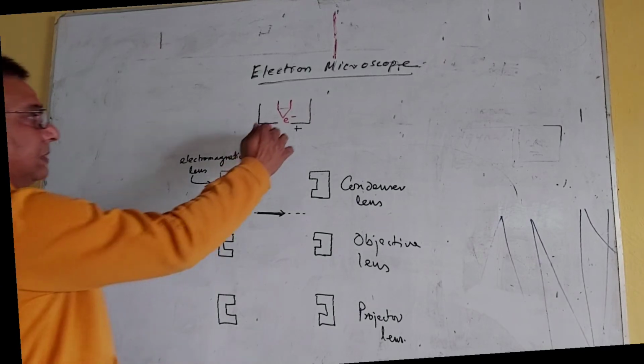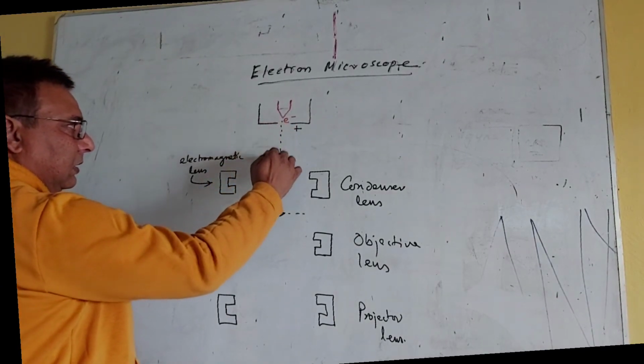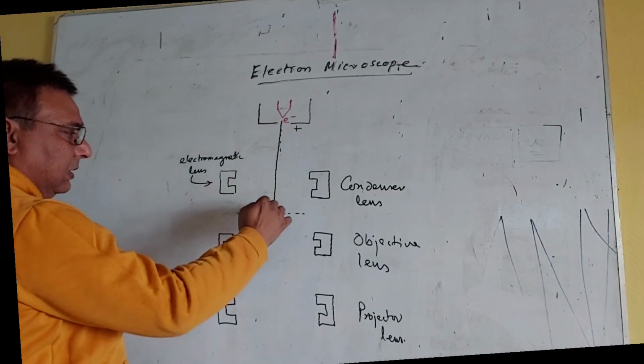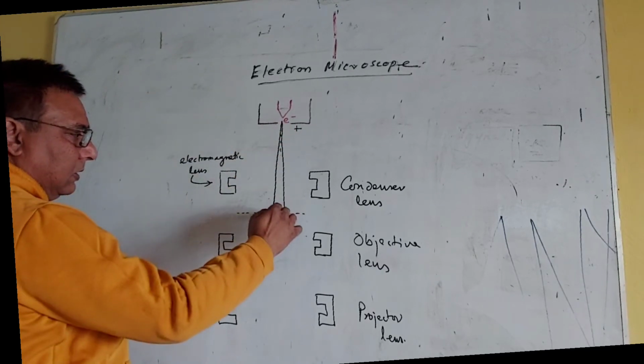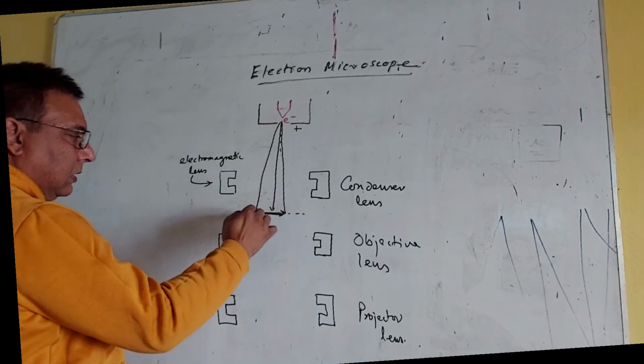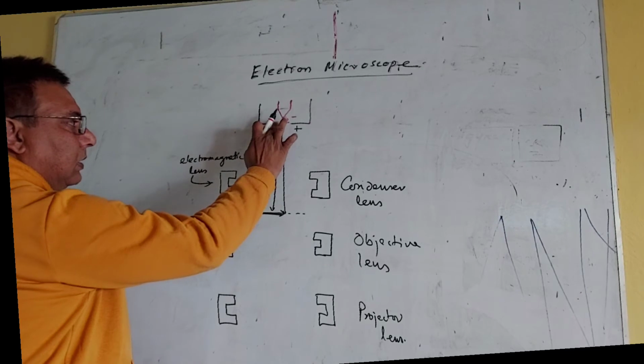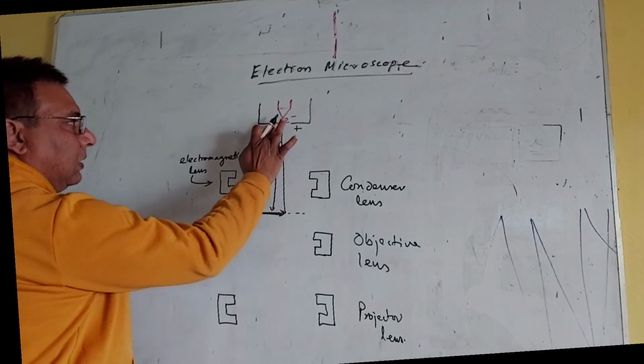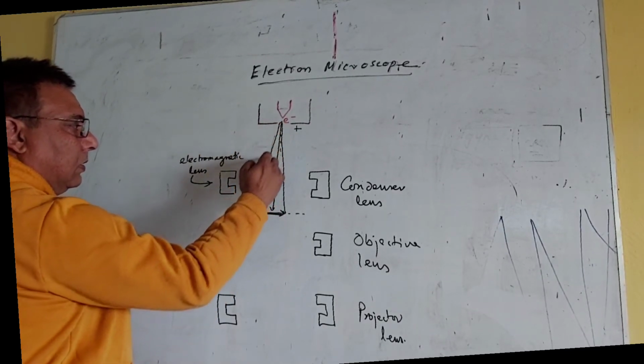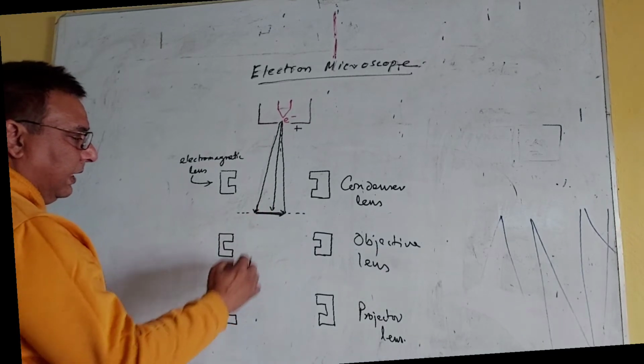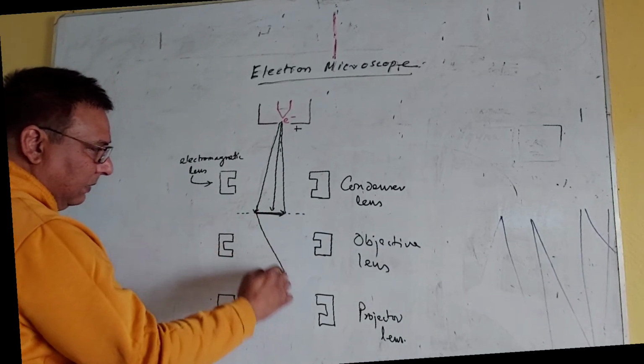The electron beam is coming, it is hitting the specimen. Then it is generating an image over here.